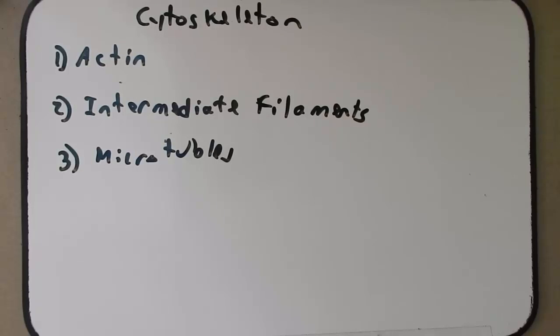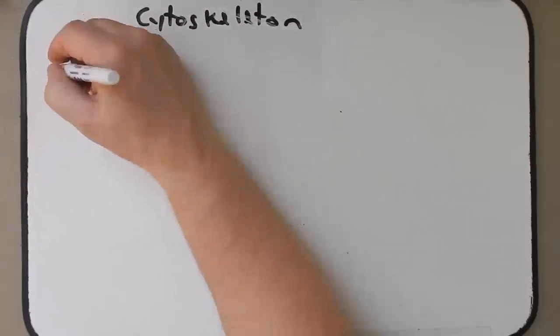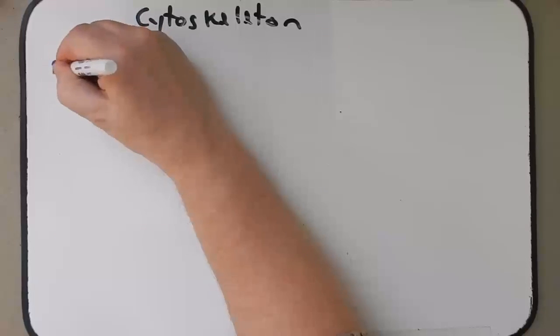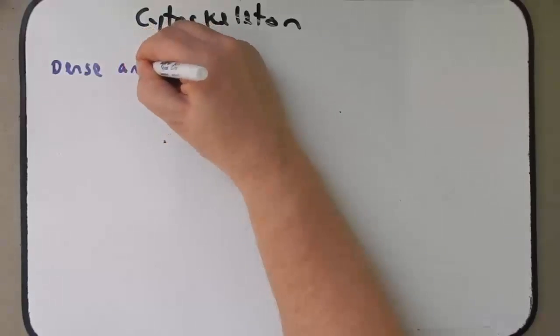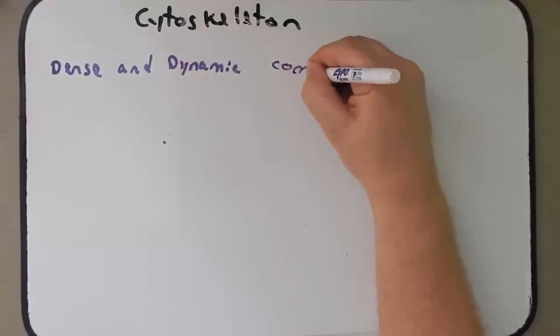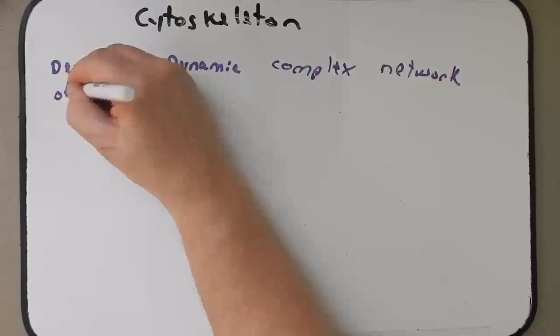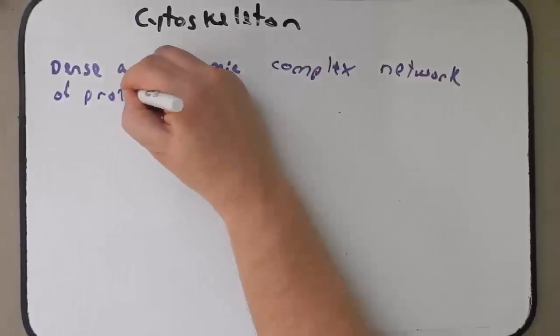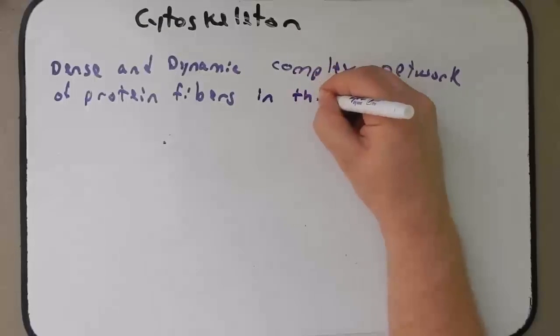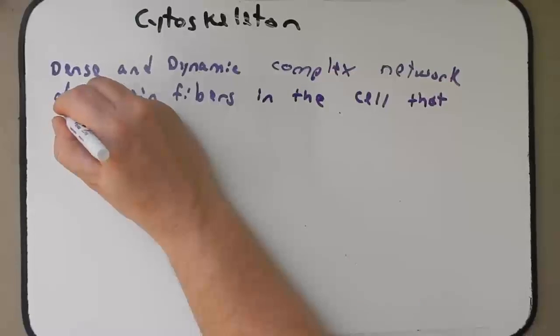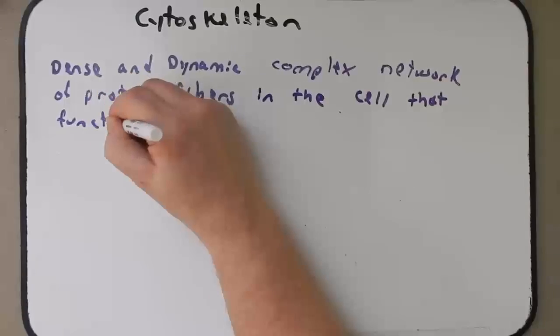the cytoskeleton. Okay, we could define the cytoskeleton as this dense and dynamic complex network of protein fibers in the cell that function in the following.